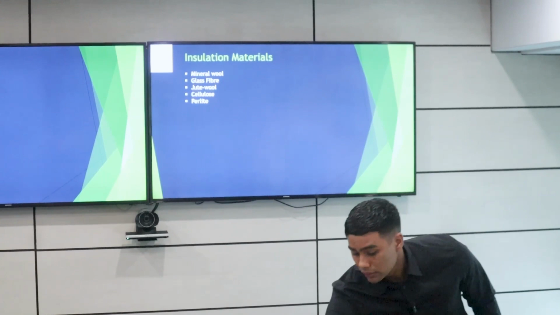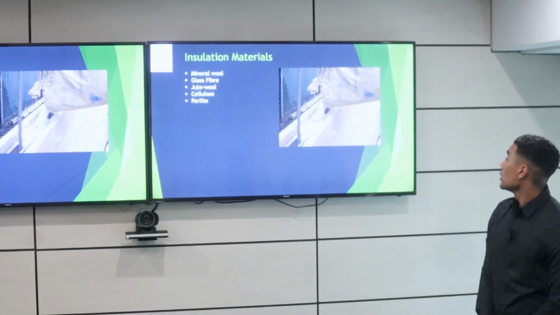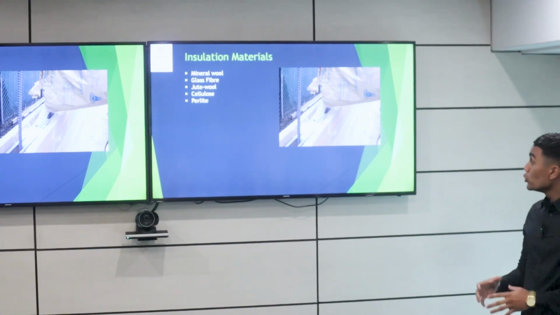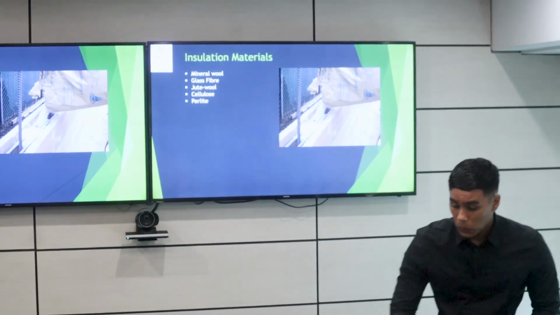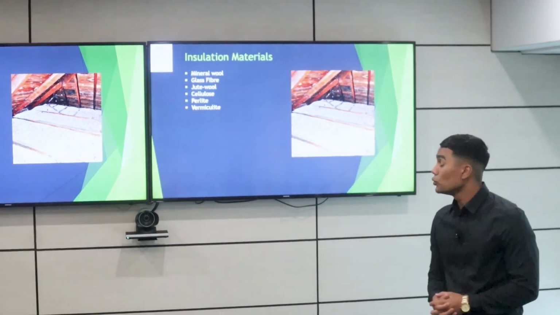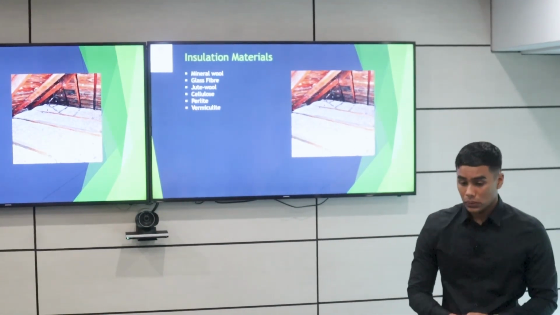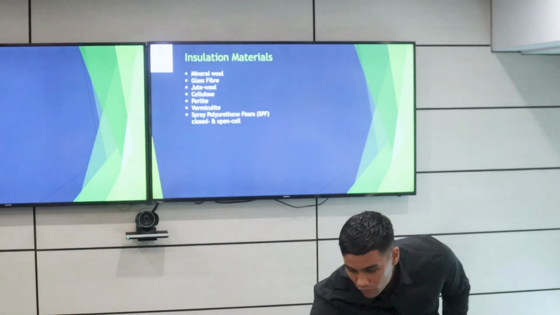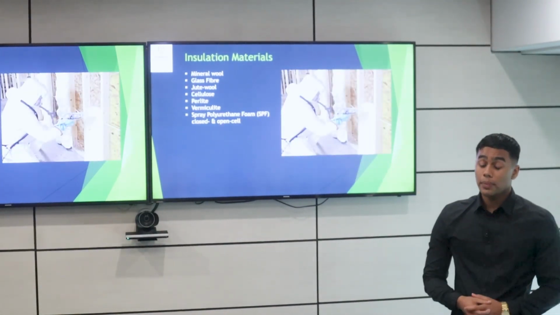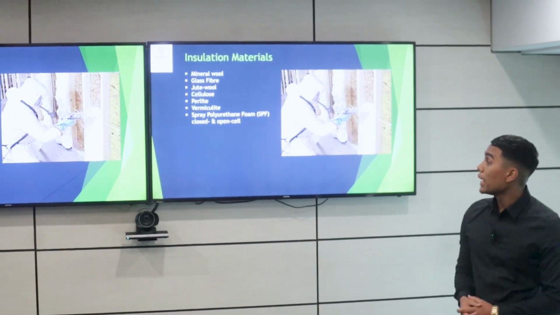Perlite, it's a naturally occurring volcanic glass that is crushed and when heated forms glass-like pellets. Vermiculite occurs through natural processes and is crushed. Spray polyurethane foam. It's a liquid foam that expands. You get closed cell and open cell.